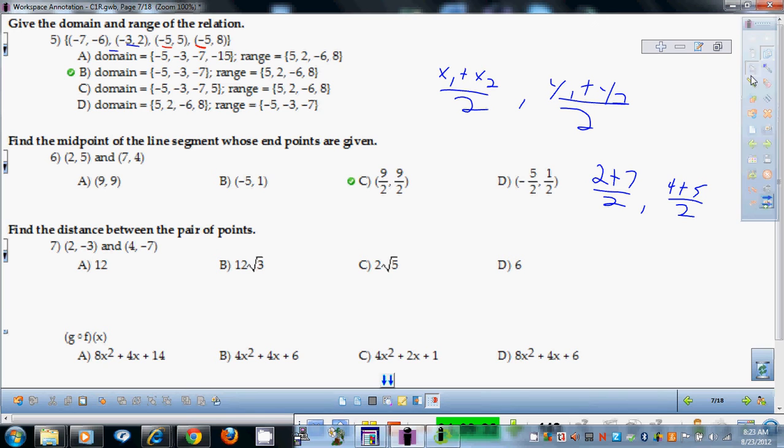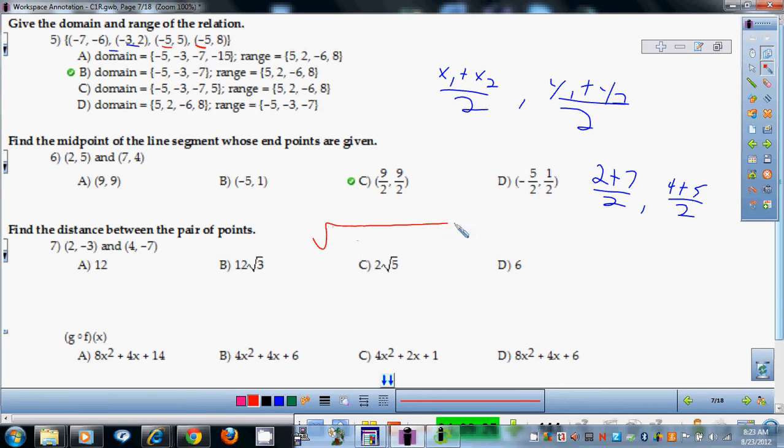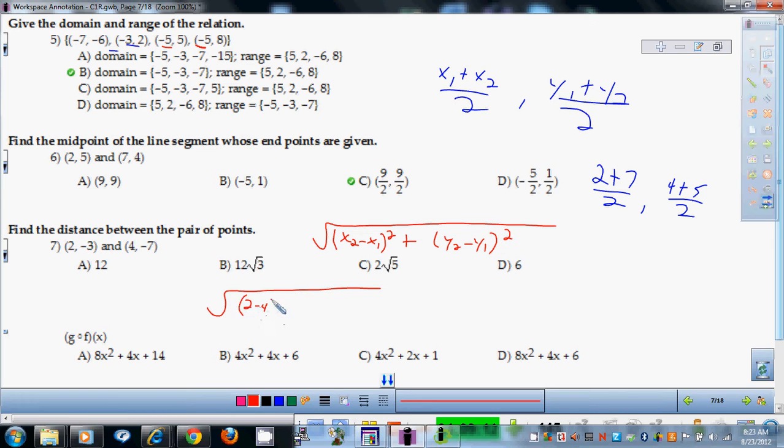All right, who can tell me the formula? That's good. Which gave you 2 minus 4, or 4 minus 2, whichever order you went in. Negative 3 minus negative 7, which gave you negative 2 squared.